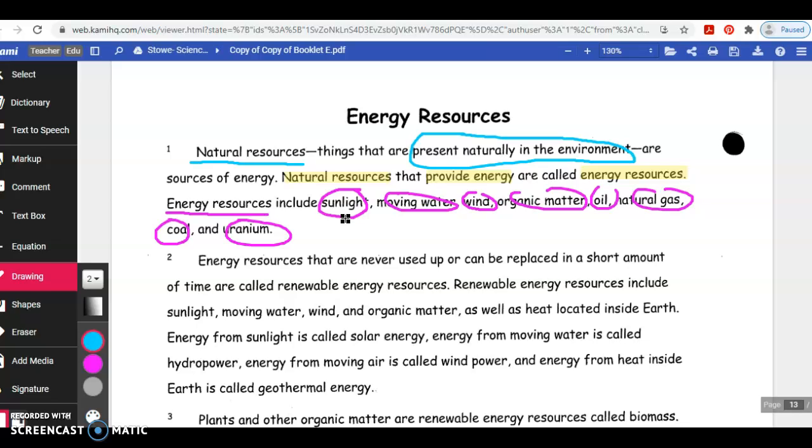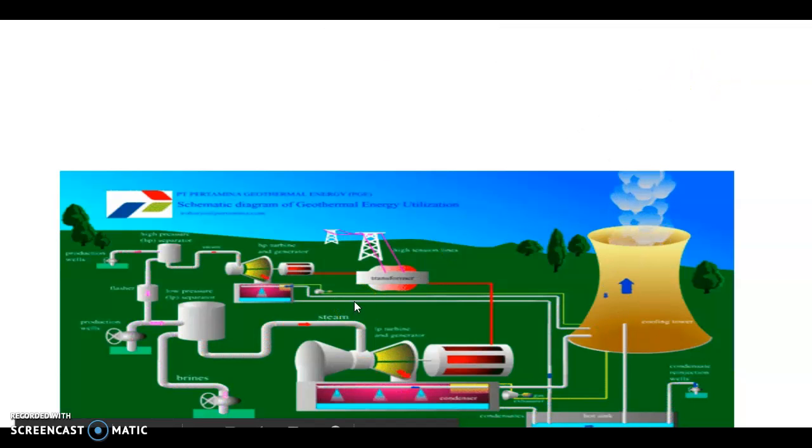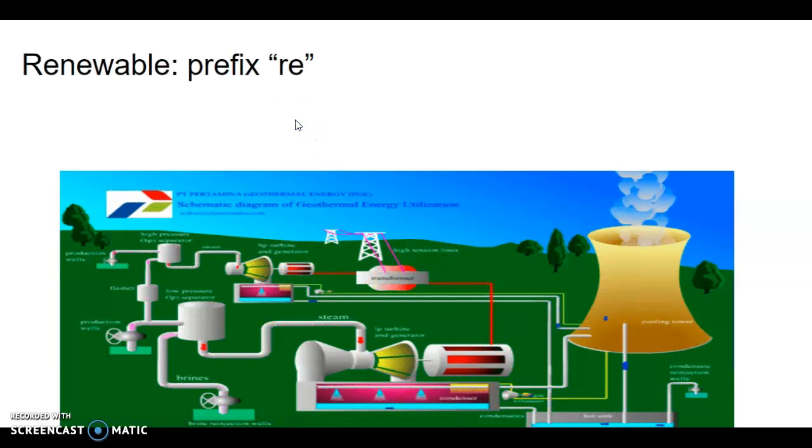Okay, anyone have any ideas about what renewable means? Well, here is a good example. We have a geothermal plant. And as you can tell, there's a lot of different parts and components to it. But basically, what this does is it provides heat.